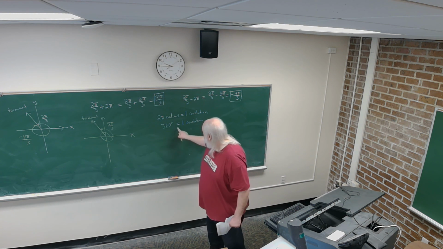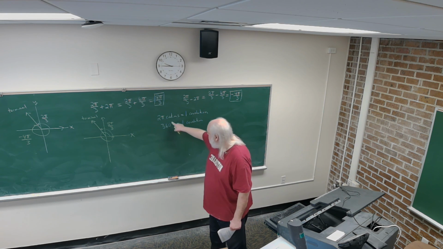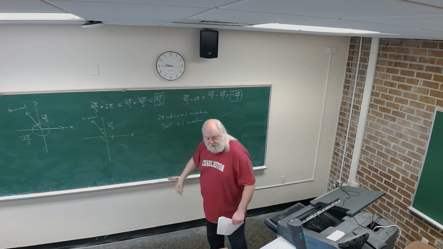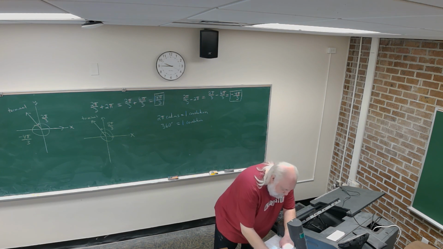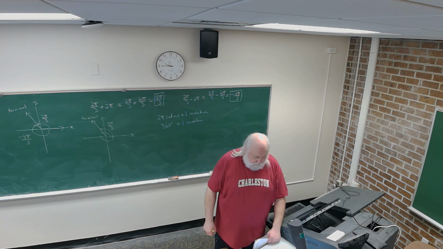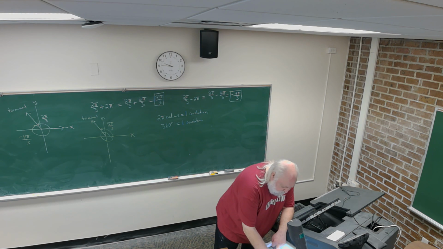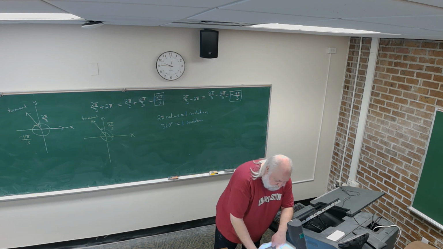So, since 2 pi radians equal 1 revolution, and 360 degrees equals 1 revolution, that means 2 pi radians is equal to 360 degrees. So we have these equations right here. 360 degrees equals 2 pi radians. If I divide both sides of the equality by 2, I get 180 degrees is equal to pi radians.